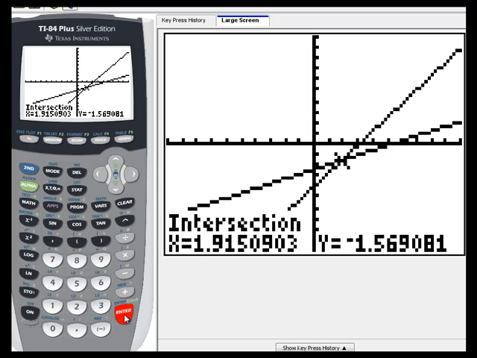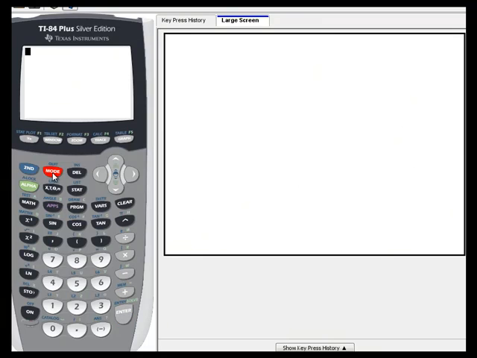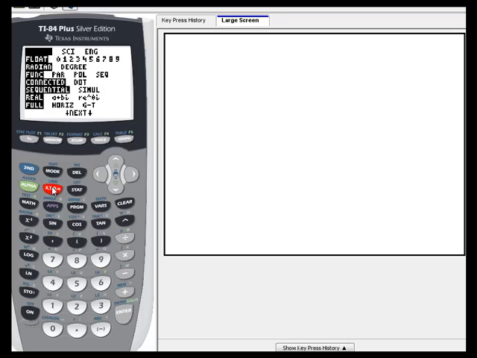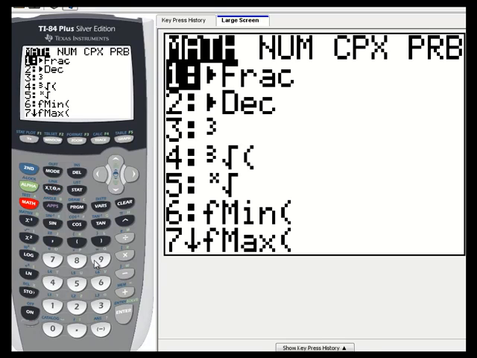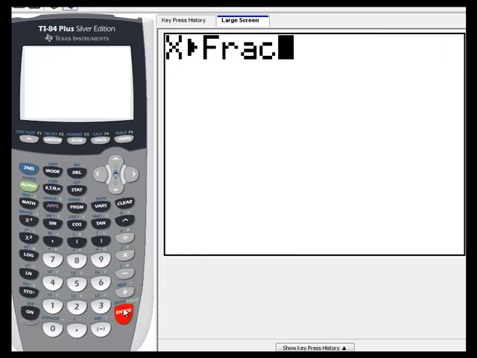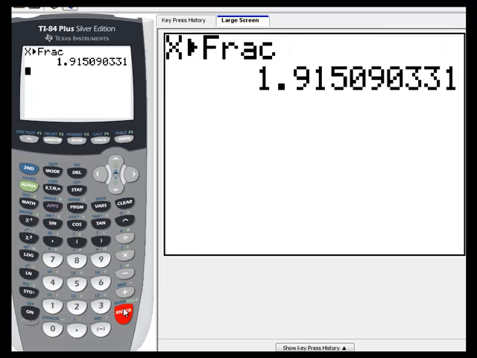Okay. Let's see what we can do here as far as recording exact answers. Let's go second, quit. Let's take that X first. And math, fraction, go. Oh, it just gave back the decimal representation.